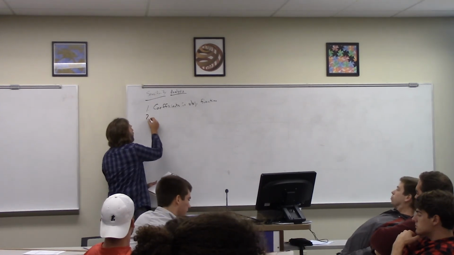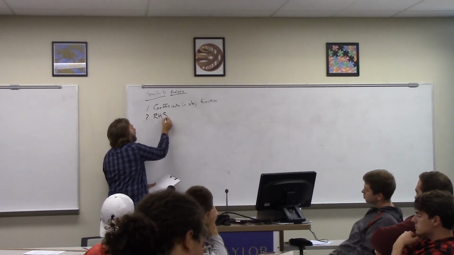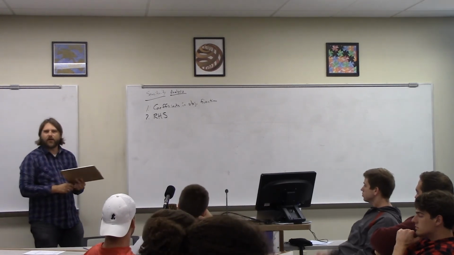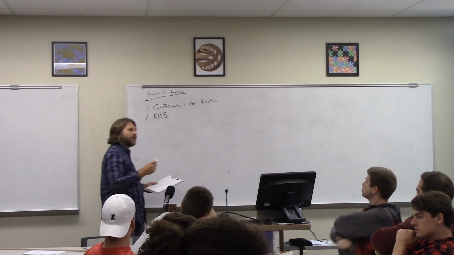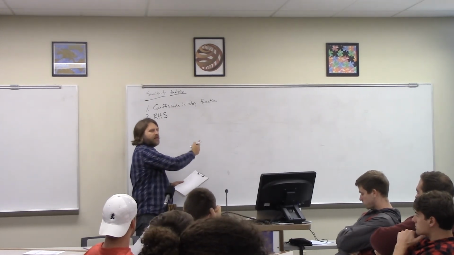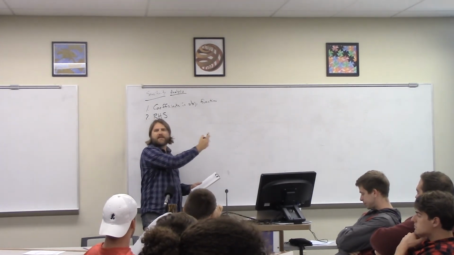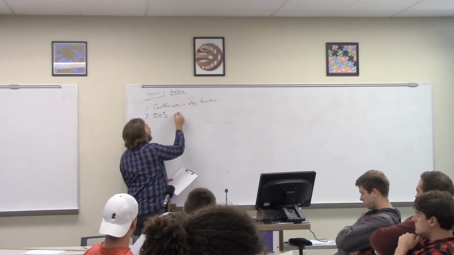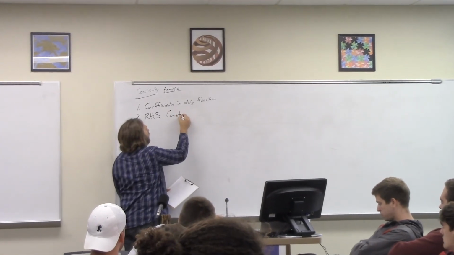The other one, I'm going to abbreviate this as RHS, the right-hand side. So we're always writing our equations, variables greater than or equal or less than or equal to some constant value. That's what we're looking at, that right-hand side constant value.